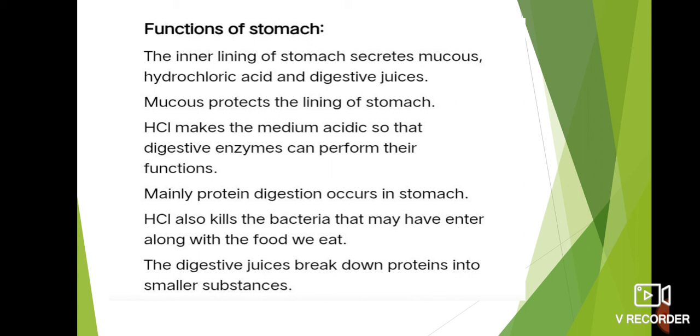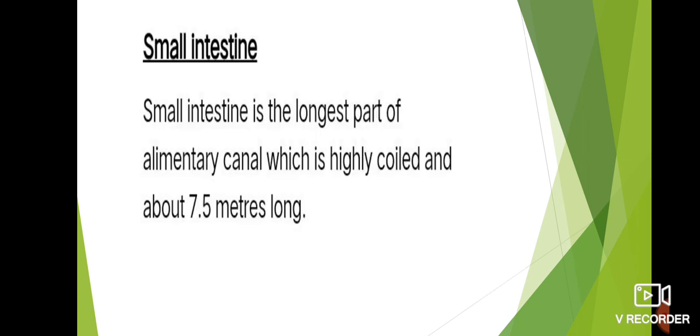Acid, that means HCl, makes the medium acidic so that digestive enzymes can perform their functions. Mainly protein digestion occurs in the stomach. Carbohydrate digestion occurs in the mouth. Protein digestion occurs in the stomach. HCl into smaller substances.